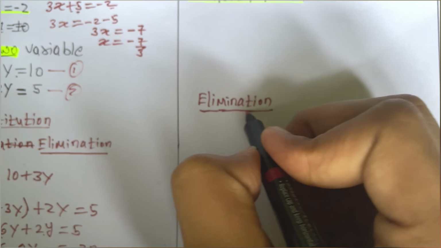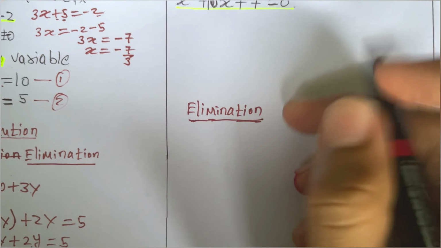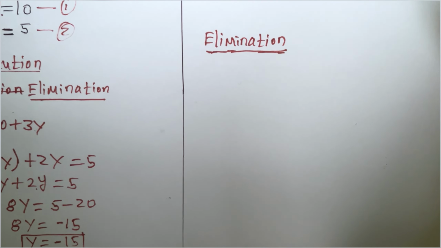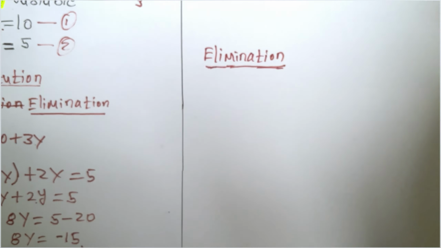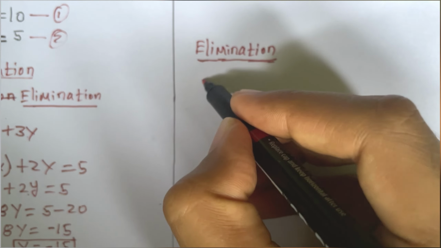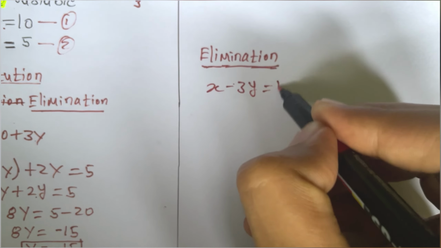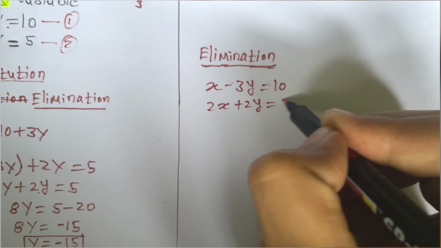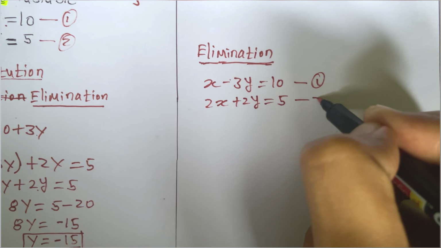You know, the basic term, elimination means eliminating something. In this method we will eliminate a term instead of substituting a term. We have our two equations, that is x minus 3y equals 10 and 2x plus 2y equals 5. This is equation 1, this is equation 2.